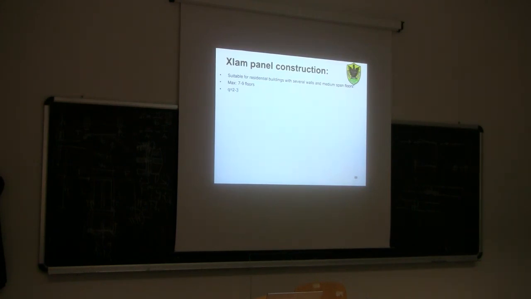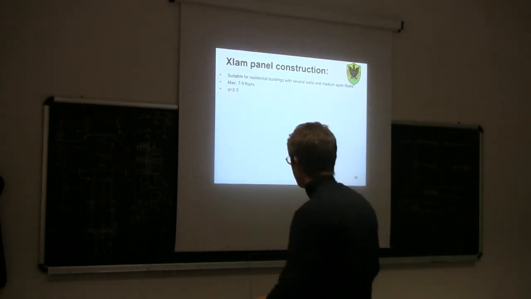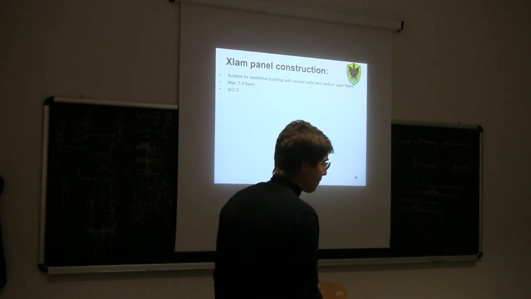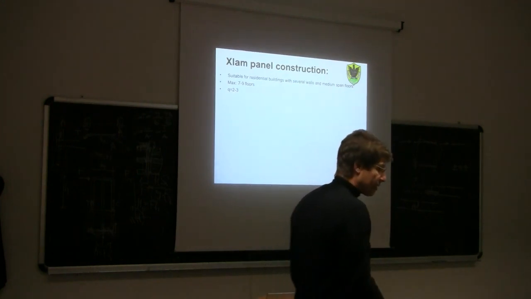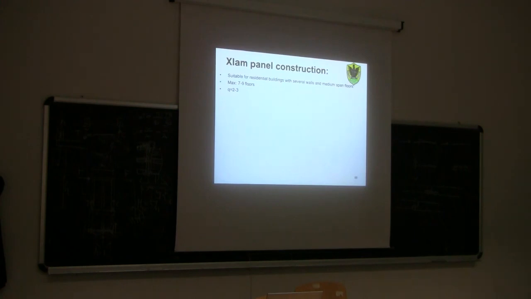The q factor in this case is between 2 and 3, so it's lower than for the light frame construction. At the moment, according to Eurocode 8, there is no provision for X-lam. We could say that we use 2. But some experimental tests performed within the SOFIE project show that we can get up to 3 as the behavior factor.